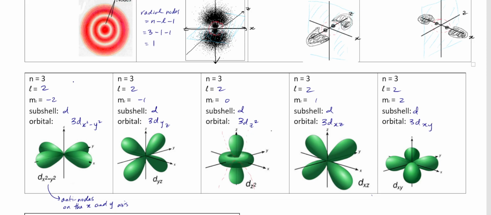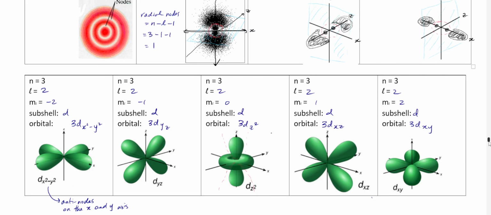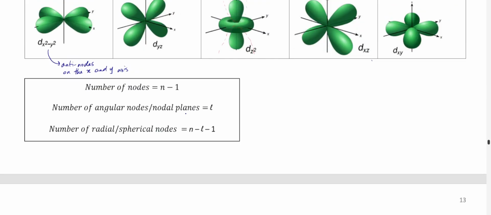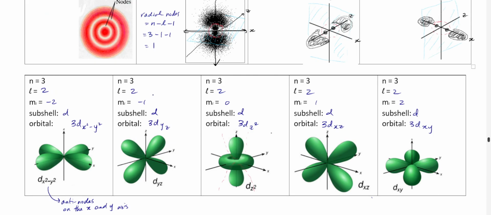If we take a look at the nodes, again, if n is equal to 3, the number of nodes is 2, and we see from our equations right here that the number of nodal planes is equal to L. So there are 2 nodal planes in each of them. Well, I already showed you that there's 2 nodal planes in the forms of parabolas here. If the antinodes are on YZ, then the nodes here are on the other planes. So the nodes here are on XY, and hopefully you can see that right there.